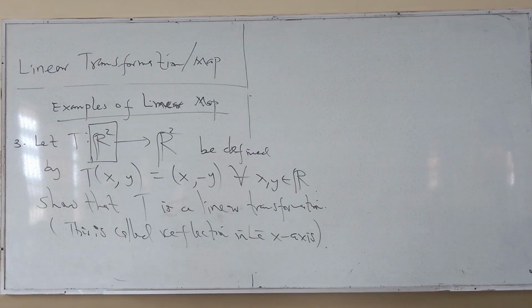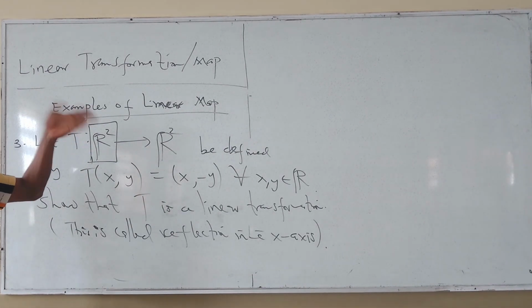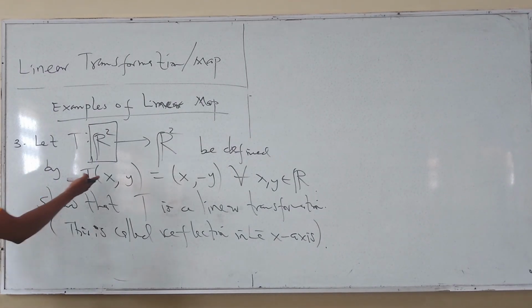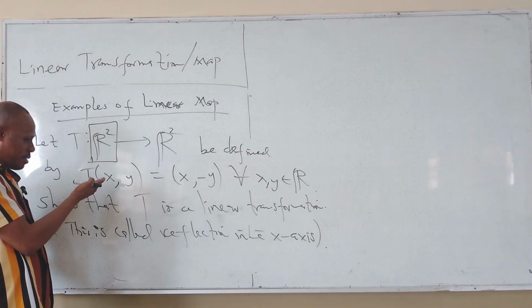Let's say x1, y1 as one pair, then x2, y2 as one pair. If it's just R, then it will be x1. If it's R cubed, it will be x1, y1, z1, something like that. So be mindful of that, because you see that it's defined in pairs.